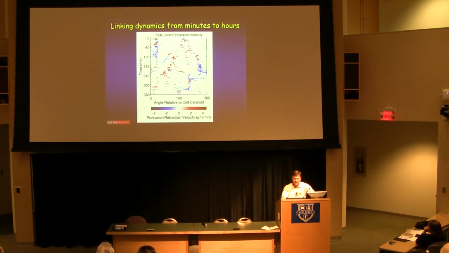So you can see that even though there's a particular region where protrusion and retraction are occurring, you have punctate spots on this map. So there are particular regions of the leading edge where protrusion is happening, interspersed with some retraction. So two steps forward, one step back sort of thing.